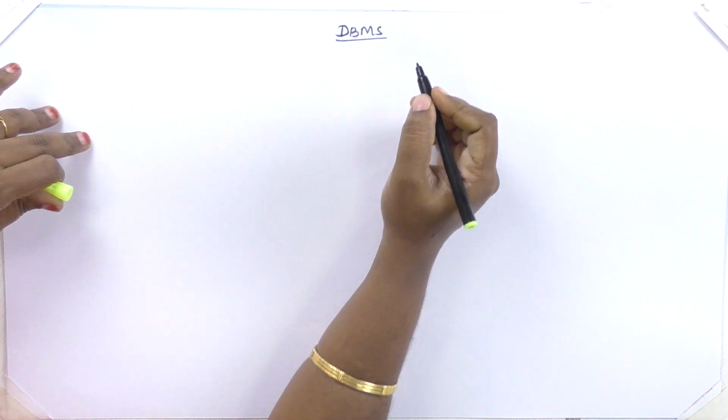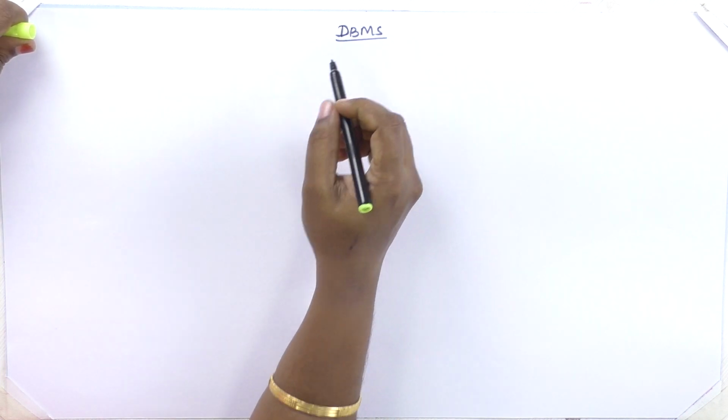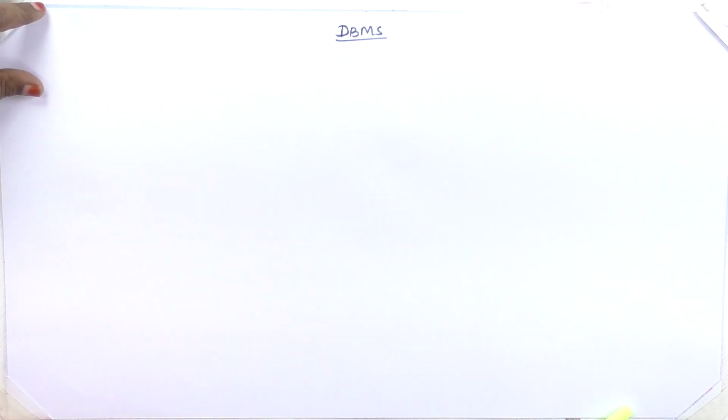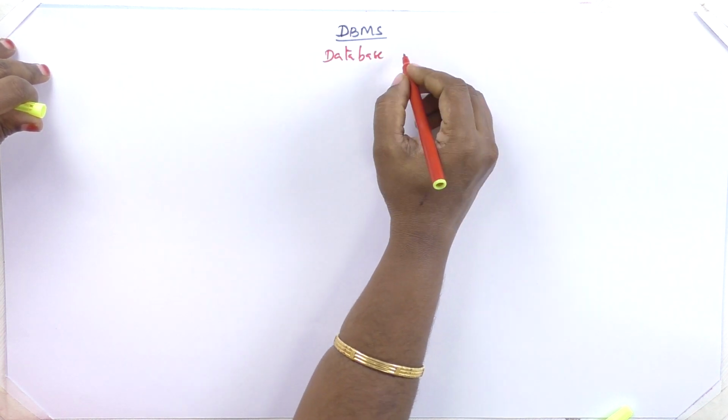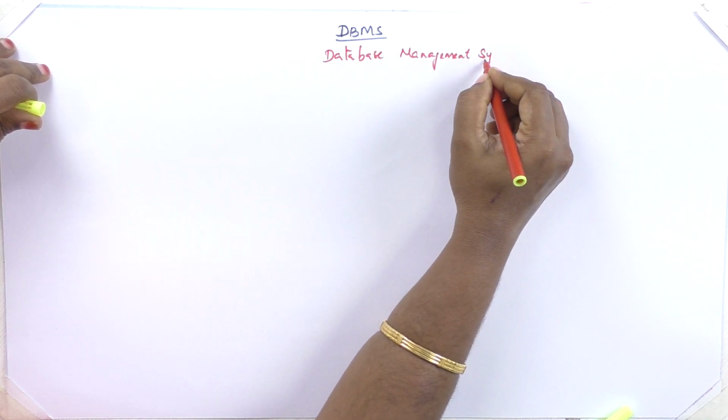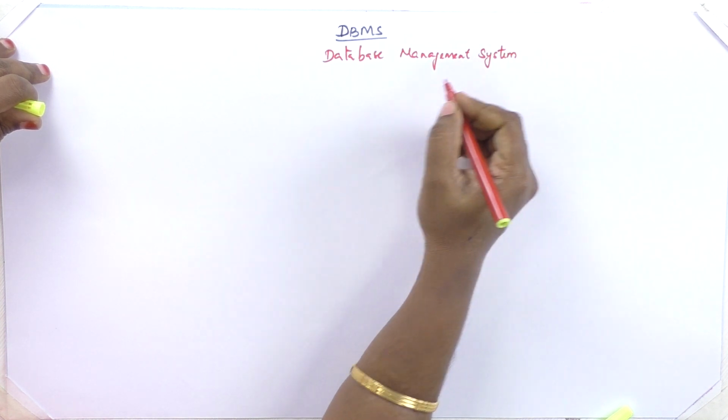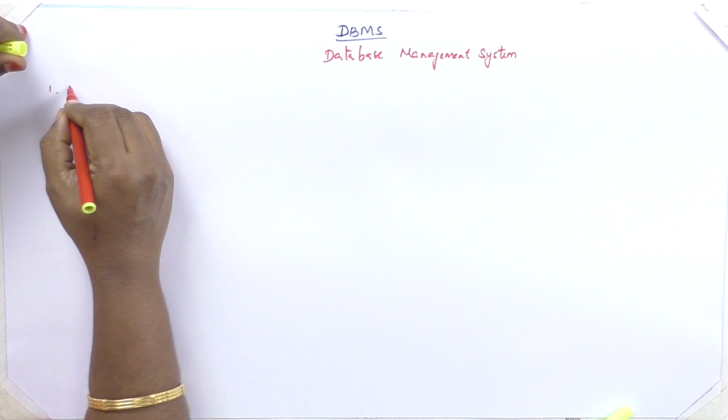As I told you, we are going to discuss the introductory part of DBMS in this class, followed by all the units in detail. So to get into the topic of DBMS, we should know first what is database management system. DBMS stands for database management system. When we say database management system, it actually comprises two parts.